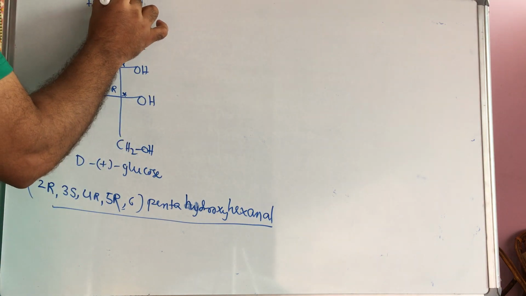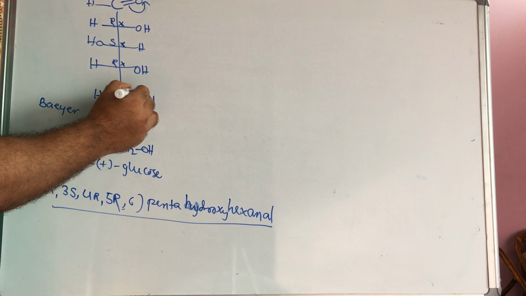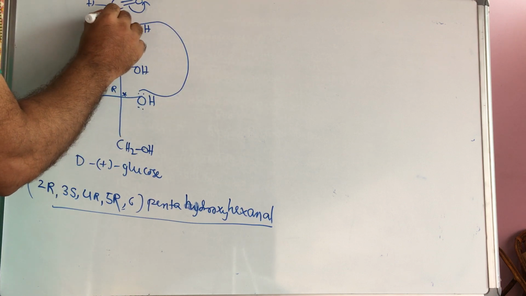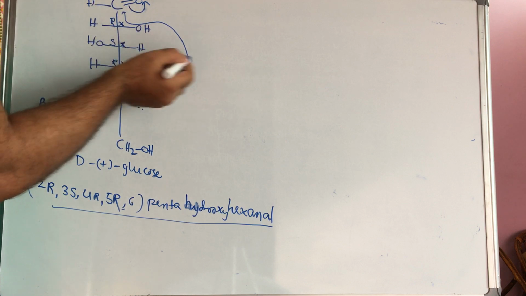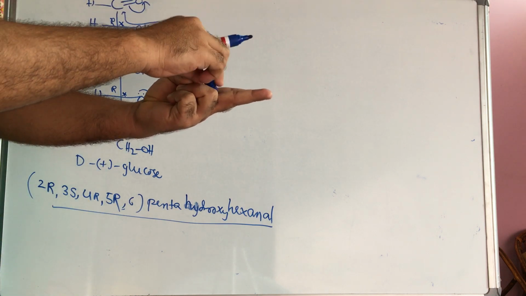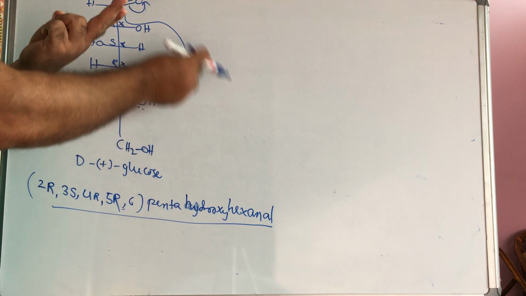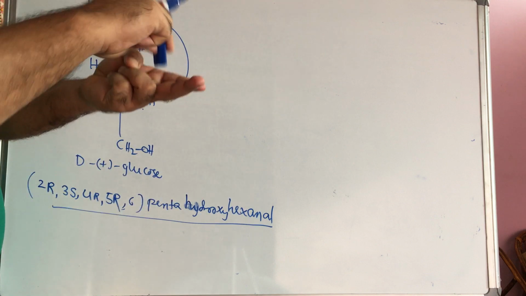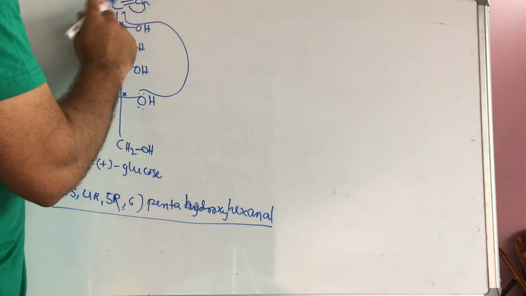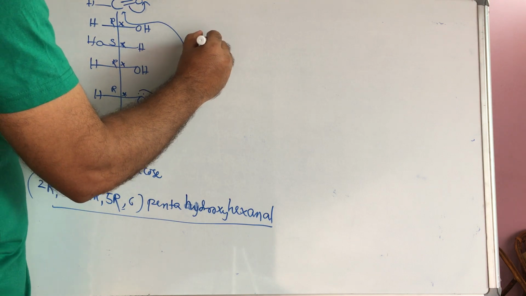This double bond will shift here. This lone pair of oxygen attached to this carbon may attack from the bottom side or the top, because the carbon-oxygen double bond is planar. So this oxygen will attack from the bottom or top, and then we will get two configurations, alpha and beta.